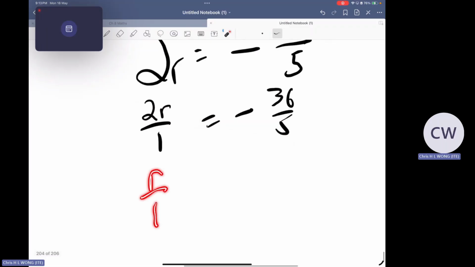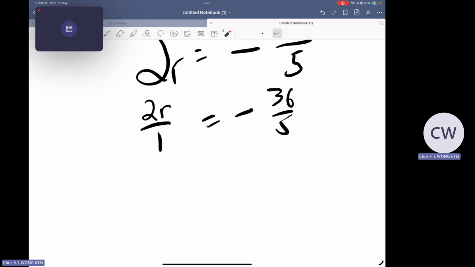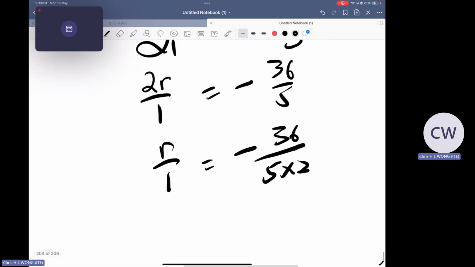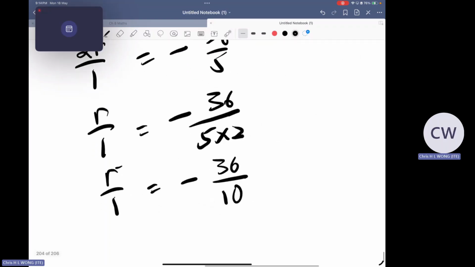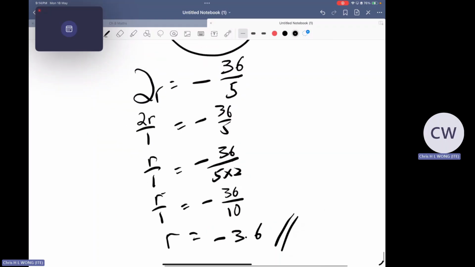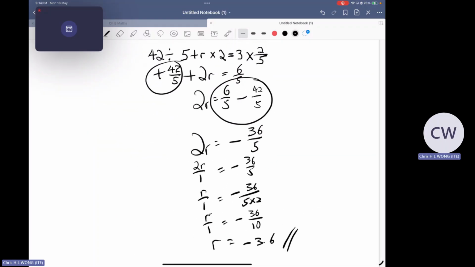So R over 1 equals minus 36 over 5 times 2, which is R over 1 equals minus 36 upon 10. Change to decimal point, R equals minus 3.6. Answer, yeah. That's how you do cross multiply, yeah.